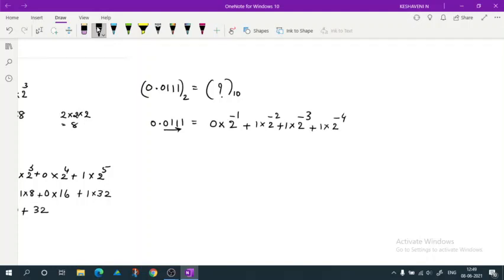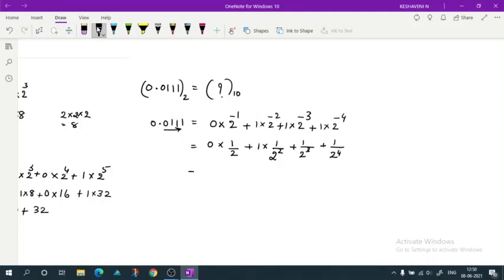Okay, so this is equal to 0 into 2 to the power of minus 1, which means 1 by 2, plus 1 into 1 by 2 to the power of 2 plus 1 by 2 to the power of 3 plus 1 by 2 to the power of 4.